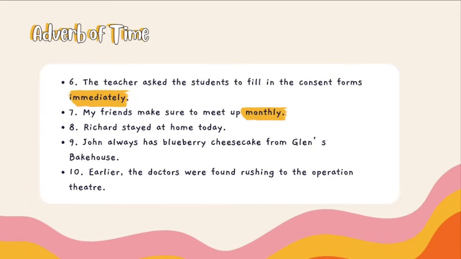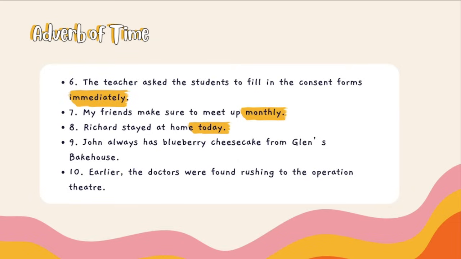Another example here, Richard stayed at home today. This time our adverb is the word today. It doesn't end with ly, but it answered the question when. So when did Richard stay at home? The answer is today.